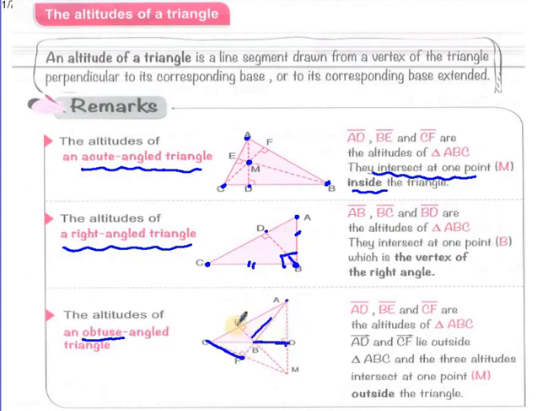Also the third one, the vertex and the corresponding side in front of it, I have to extend it so they intersect outside. So the most important thing to know: the acute angle triangle intersects inside, the right angle triangle intersects on the vertex of the right angle, and the obtuse angle triangle intersects outside.